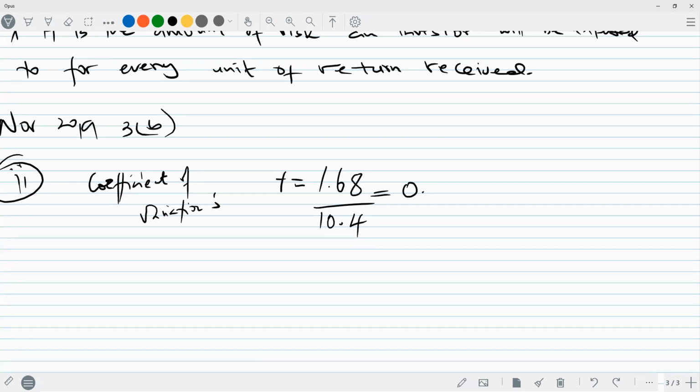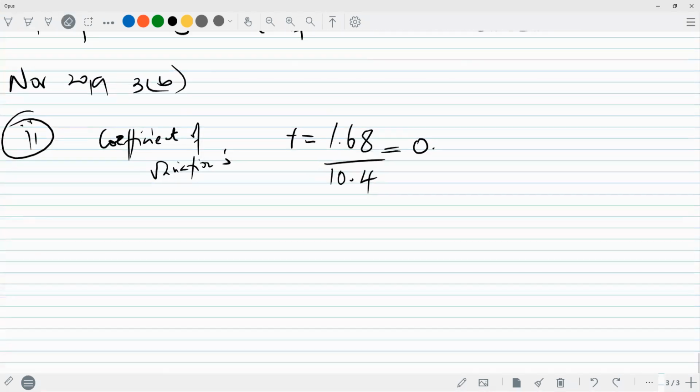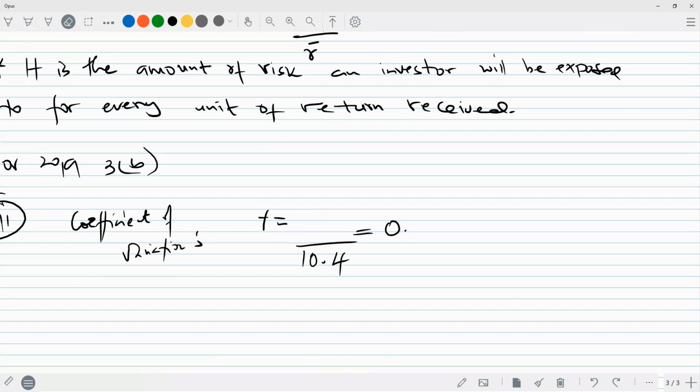Yes, 2.42, not 1.68. 2.42 divided by the return, which is 10.4, you get 0.23. For Z, the same process: the standard deviation for Z, which is 1.68, divided by the mean return for Z, which was 8.7, and you get 0.19.